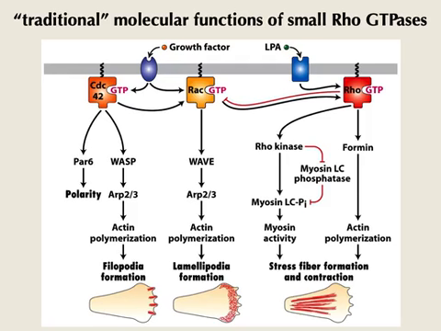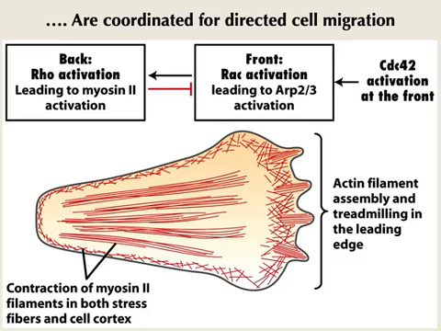But together, people interpreted this as, okay, it promotes the formation of these stress fibers and the myosin activity that's going to use those as a substrate. So that's for the activities, and for the subcellular localization, the model was that you have CDC42 at the front, and that makes sense also with regards to the PAR complex, right?